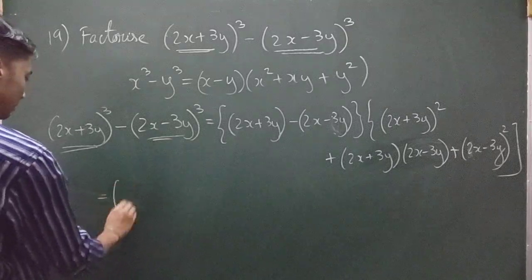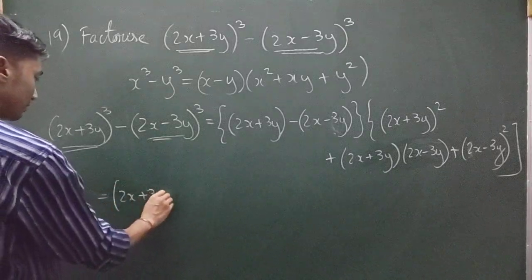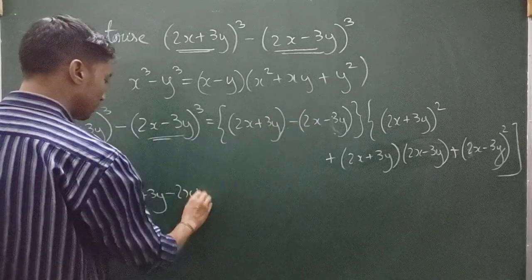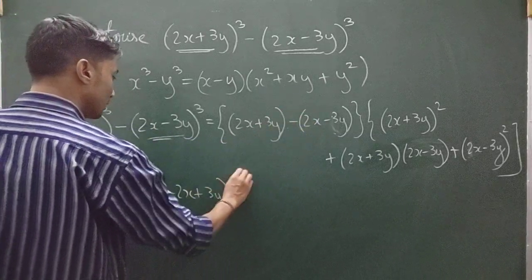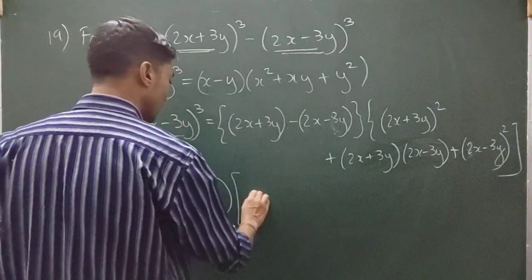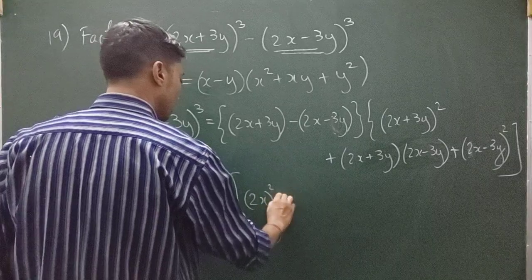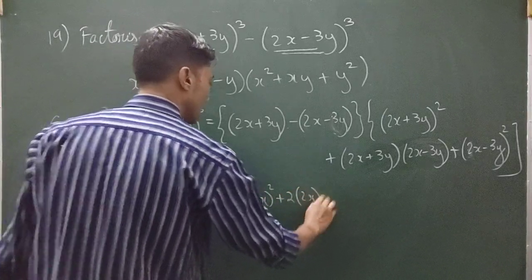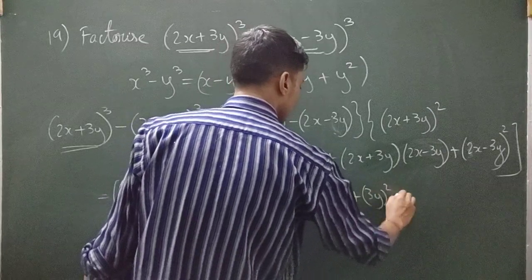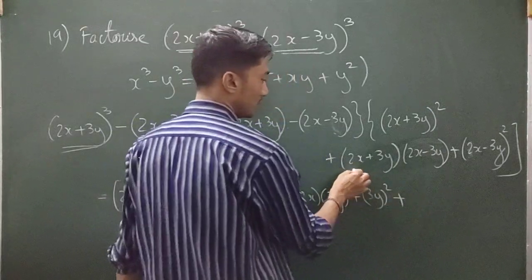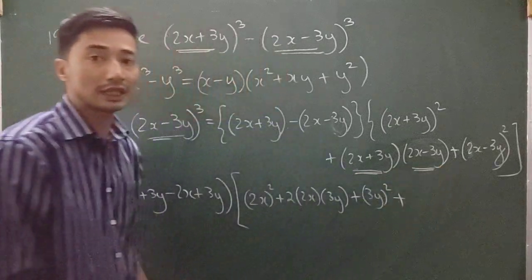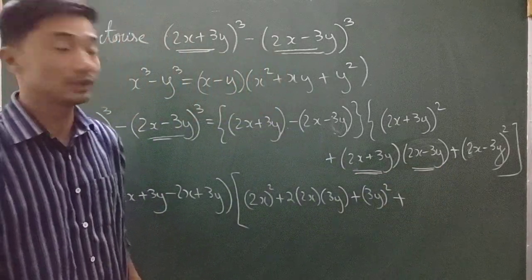So that's going to be 2x plus 3y minus 2x plus 3y. And this one I'll expand, 2x plus 3y whole square. That is a square plus twice into a into b plus b square plus, and if you look at this formula, if you remember the identity, a plus b into a minus b, 2x plus 3y into 2x minus 3y.